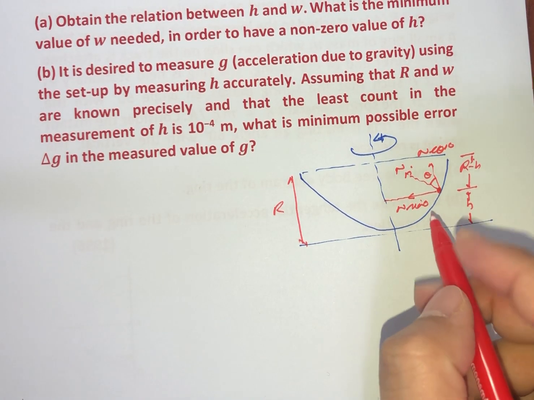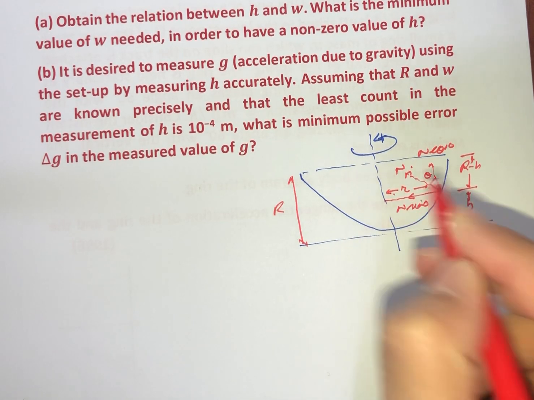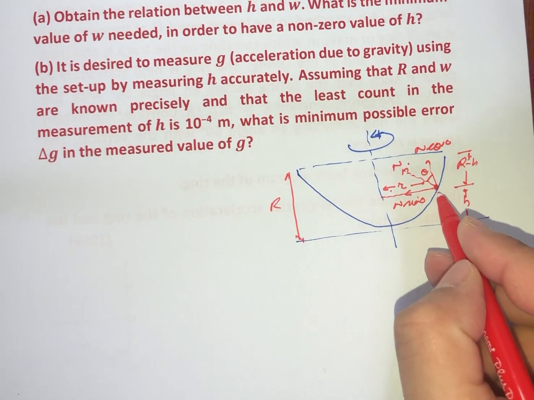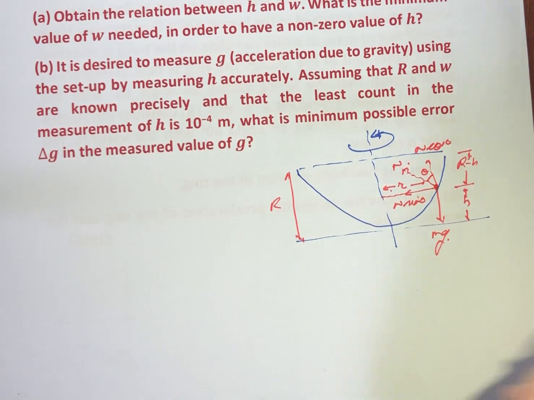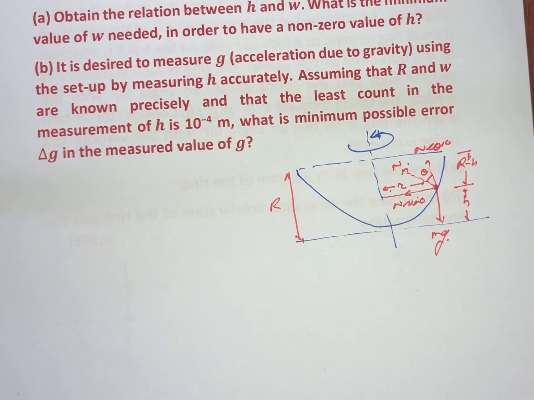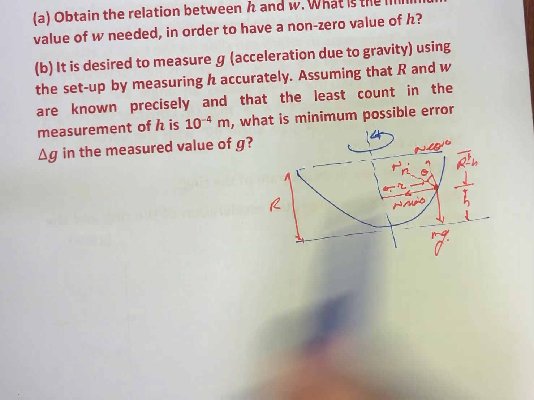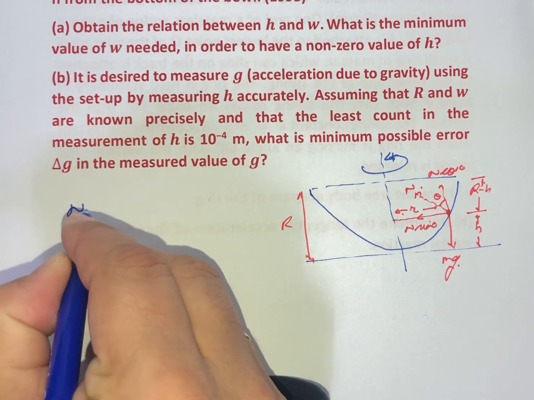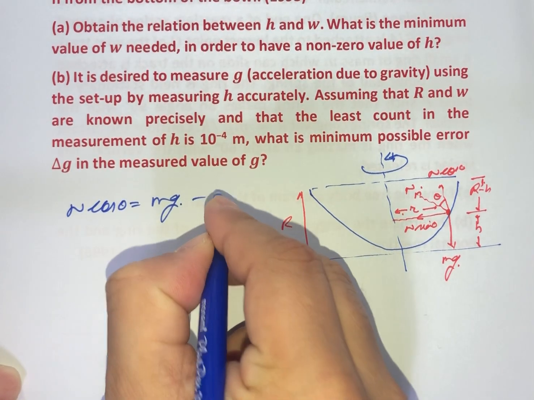Let us suppose this is the r distance. On the object there will be another force acting in downward direction, that is mg. So we can say that N cos theta will be equal to mg, that is equation 1.